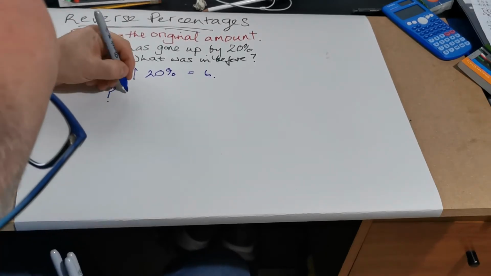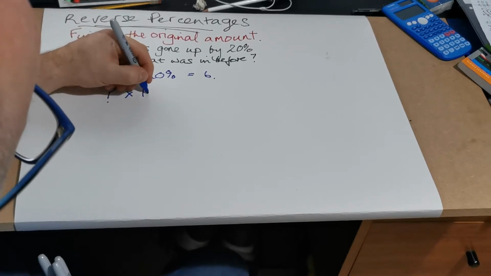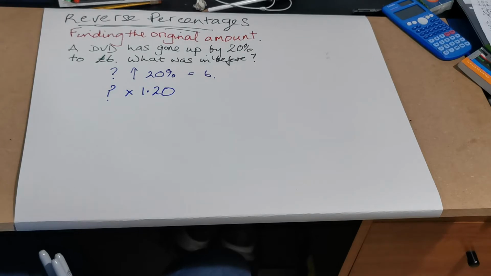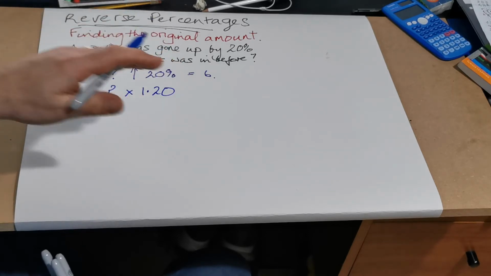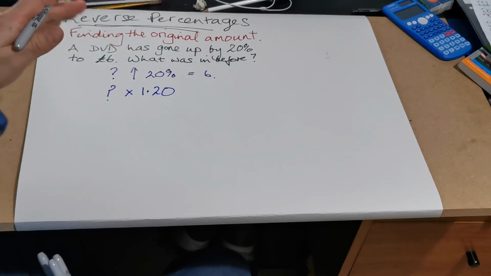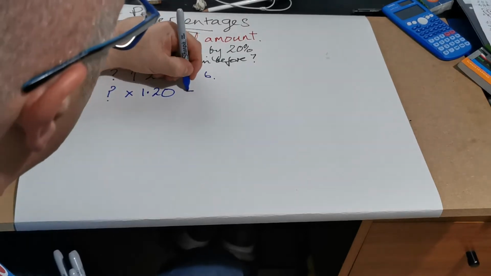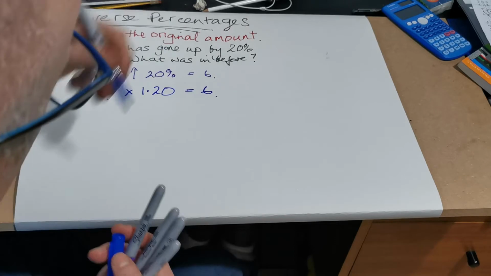Well, what I do is I would times by 1.20 because it's the same as finding 120%. And remembering that percent means divide by 100, so 120% means 120 divided by 100, which is 1.20 equals 6.